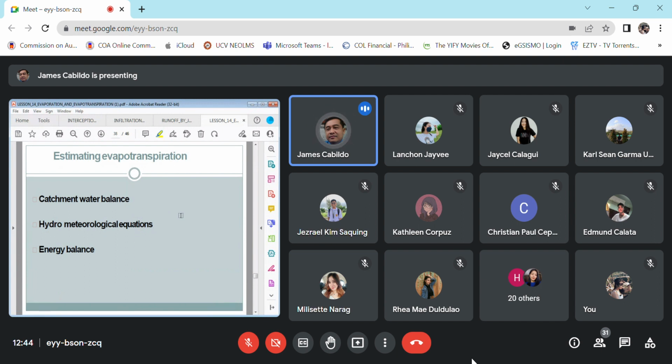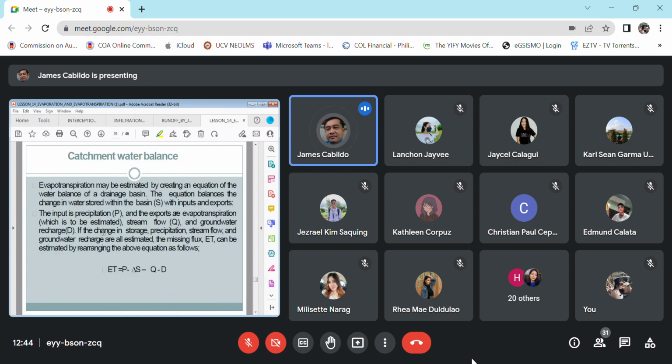How are we going to estimate evapotranspiration? Again, bumabalik yung ating water balance, no? Catchment, meron din tayong tinatawag na energy balance. And then meron din meteorological equation. So yung mga water balance at saka energy balance, may idea na kayo dyan. Pero itong mga hydrometeorological equations, pagtuunan natin ng pansin. Alright, so same yung kanina, tawag dito, inflow minus outflow equals change in storage.